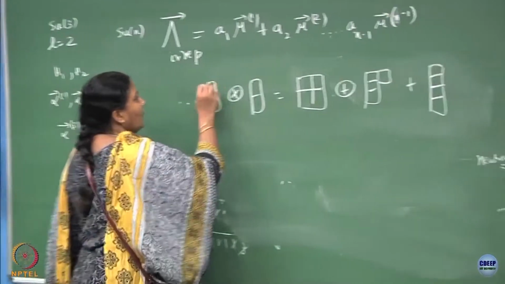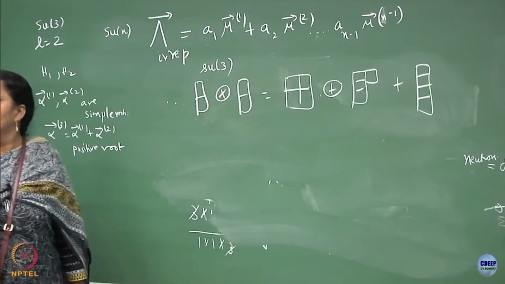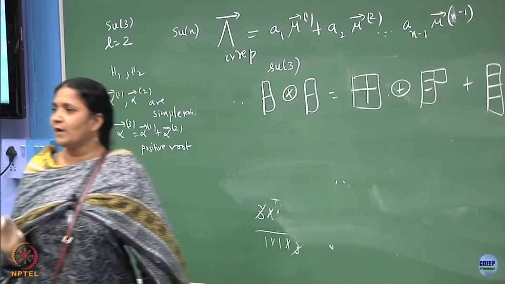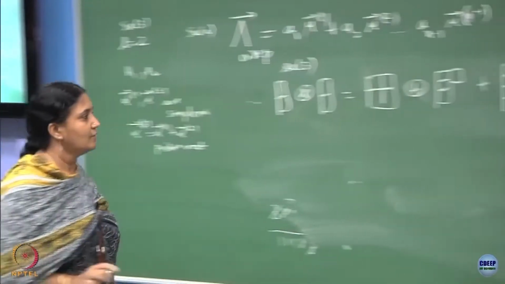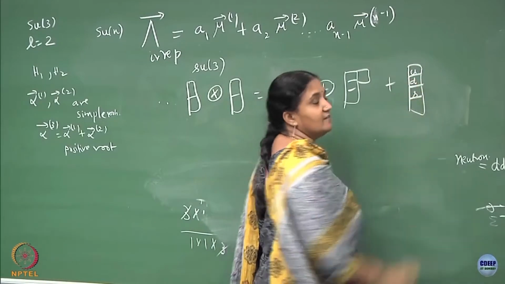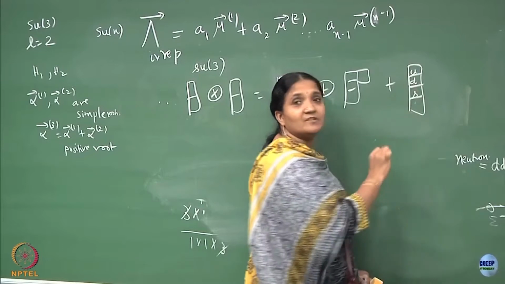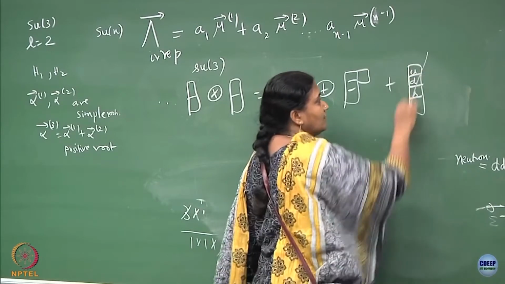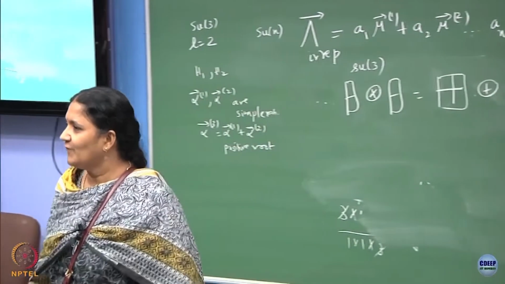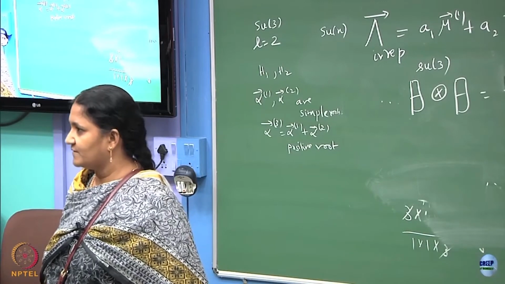If I say that I want to look at SU3, there are only 3 basic objects with which you can play around. If you put U here, D here and an S here, this box you are forced to put one of the 3. This is not allowed for SU3, but it is allowed for SU4, if you allow 4 fundamental objects.